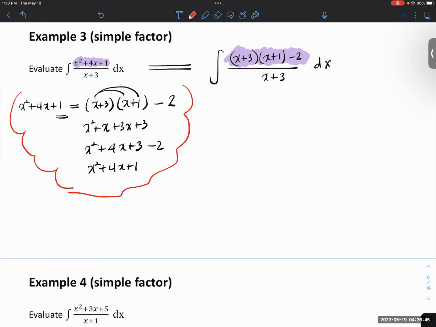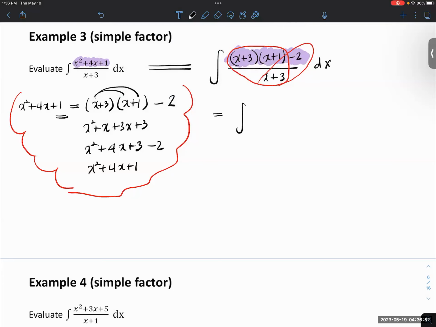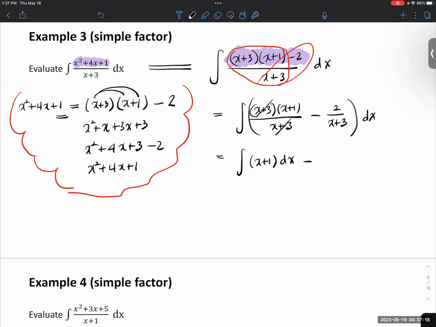And now you can separate it, this together and this together. So therefore, (x plus 3)(x plus 1) over x plus 3, and then we have negative 2 over x plus 3 dx. They are going to cancel. We have the integral of x plus 1 dx minus the integral of 2 over x plus 3 dx.